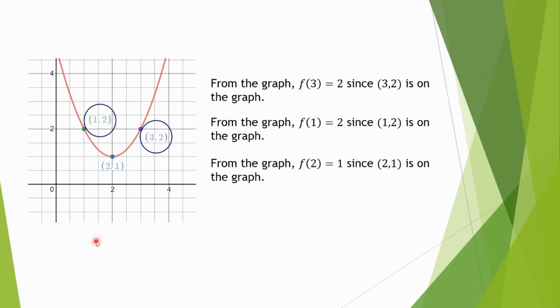I didn't write this on the slide, but let me say this also. Notice that the graph never passes through the horizontal axis, the x-axis. That tells you no function value maps to 0. So let me draw with the pen.